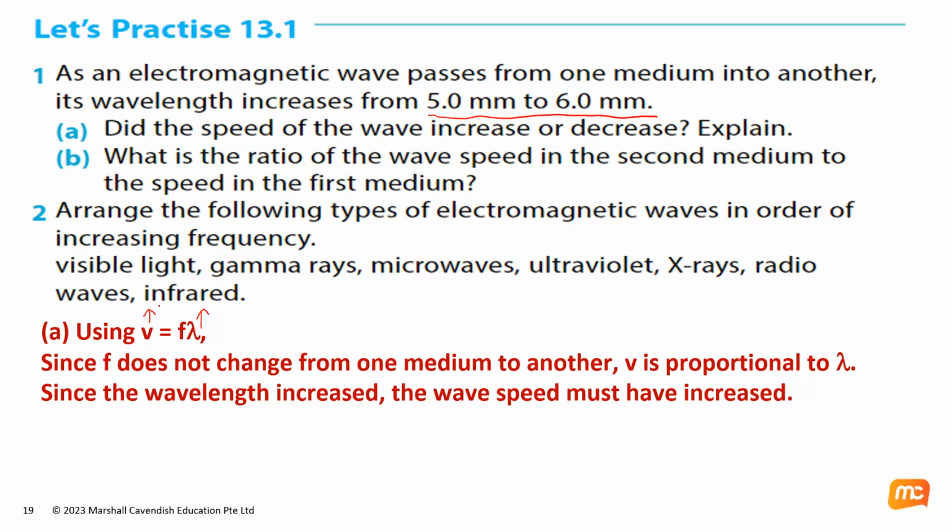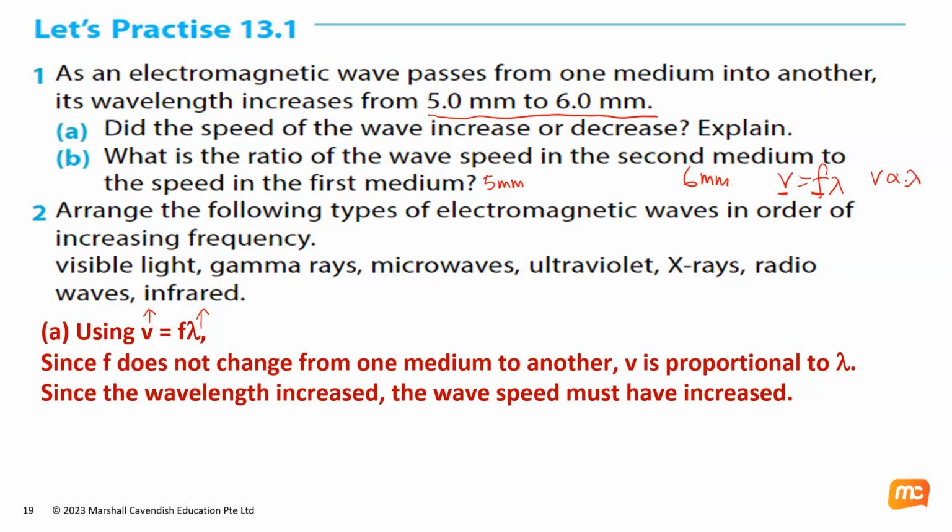Okay, part B, what is the ratio of the speed in the second medium to that in the first medium? In the second medium, my wavelength is 6 mm, and in the first medium, my wavelength is 5 mm. Based on the formula v equals f lambda, f is the same, so the speed is directly proportional to the wavelength.